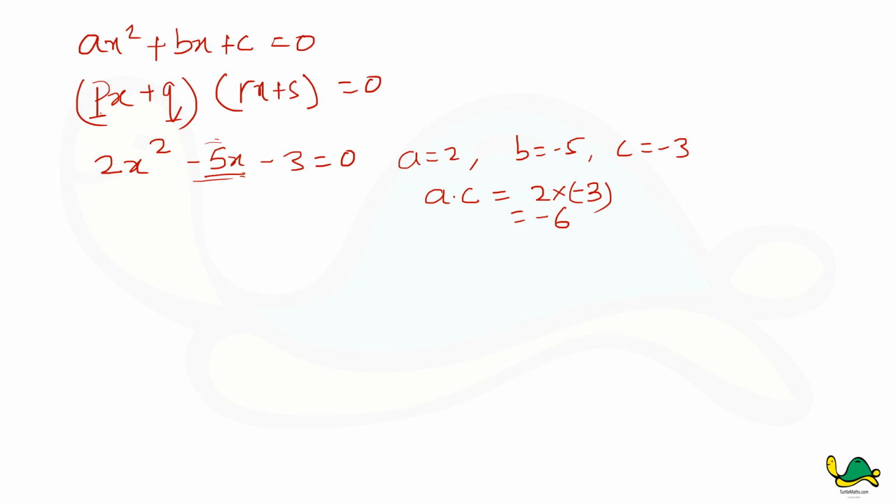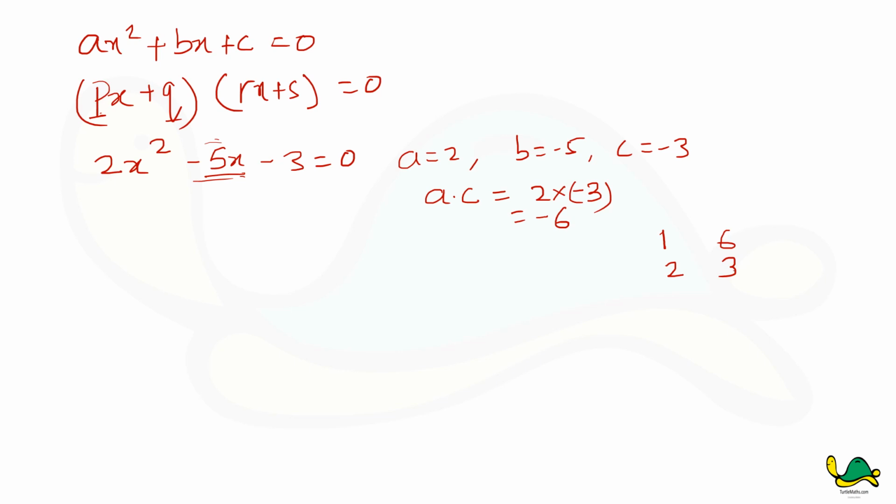What I recommend is that you write the factors of 6. I have got two pairs: 1 times 6 is 6, or 2 times 3 is 6. Here I can take 2 times 3, but when I write it as addition, I have to write -2x and -3x.